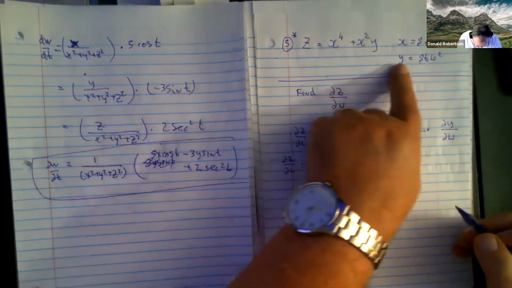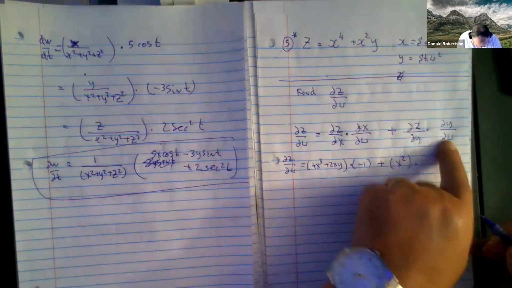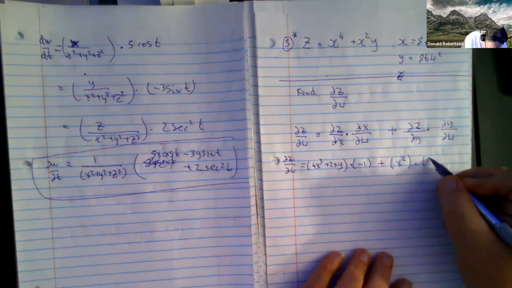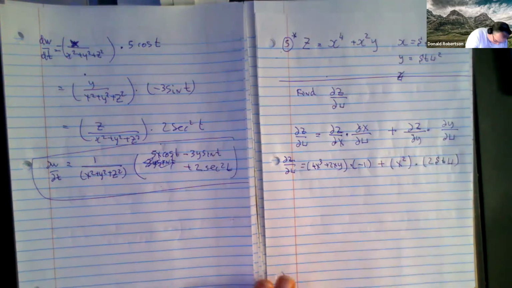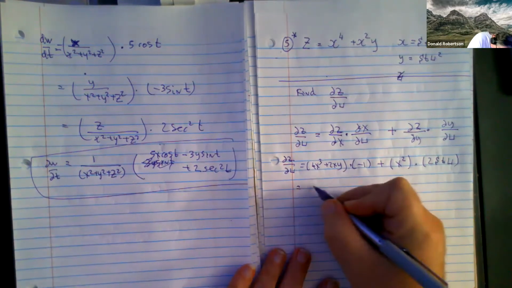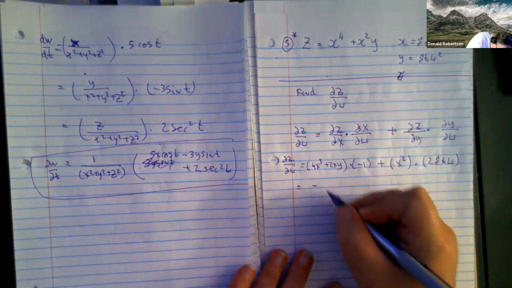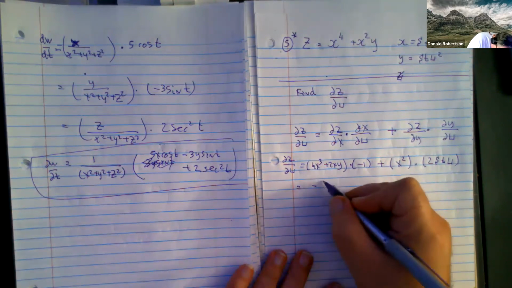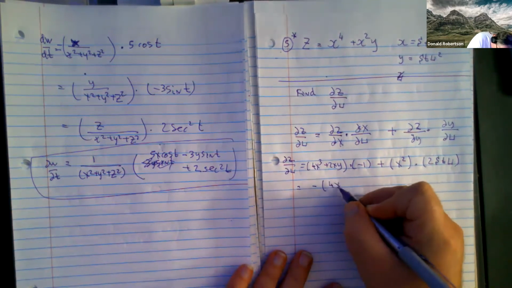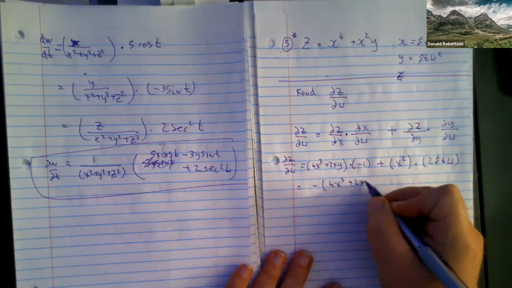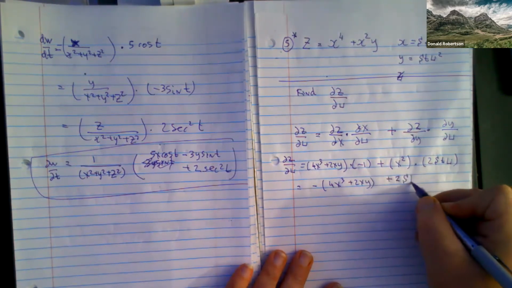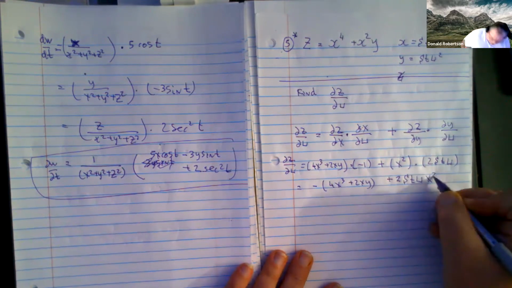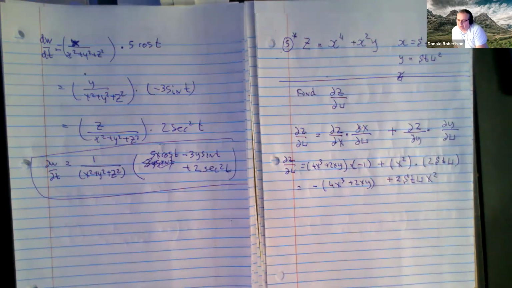And if you differentiate y with respect to u, you get 2st. And then whatever tidying up you think you can get away with, there's really not much. What could I do? I'd stick a negative in the front, I guess. That's about the best tidying up you can do.